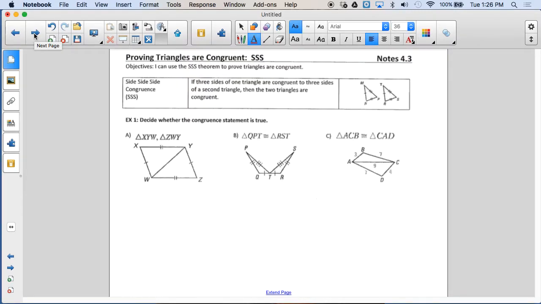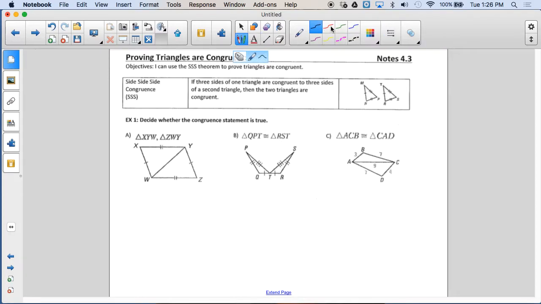So today, we're starting what we call the shortcuts. We're going to start showing how you can prove two triangles are congruent without knowing about all 6 parts that they have. Now, we all know that triangles have 6 parts, 3 angles and 3 sides. But there are shortcuts that have been proven theorems that tell us you don't have to know about all 6 parts if you remember these shortcuts.